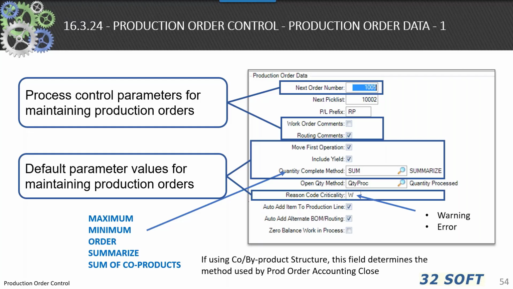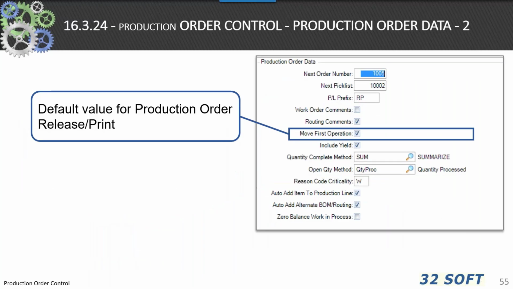We've got a new quantity complete method, which is applicable to primarily co and byproducts, and a new reason code criticality field that specifies how the system responds with an invalid reason code for entering recording backflush transactions.